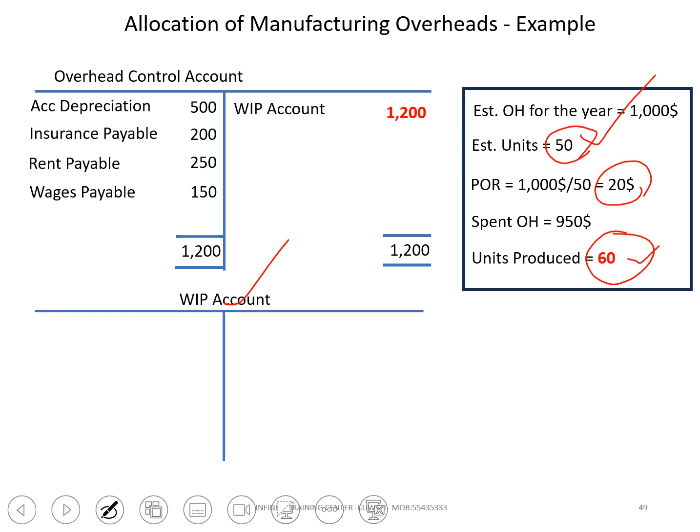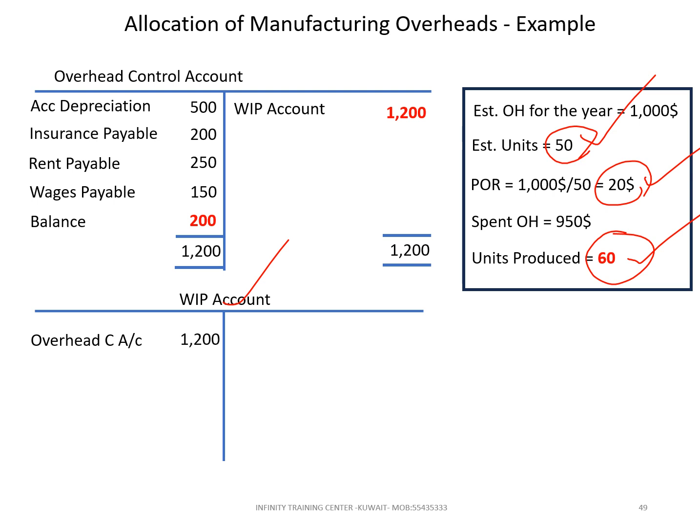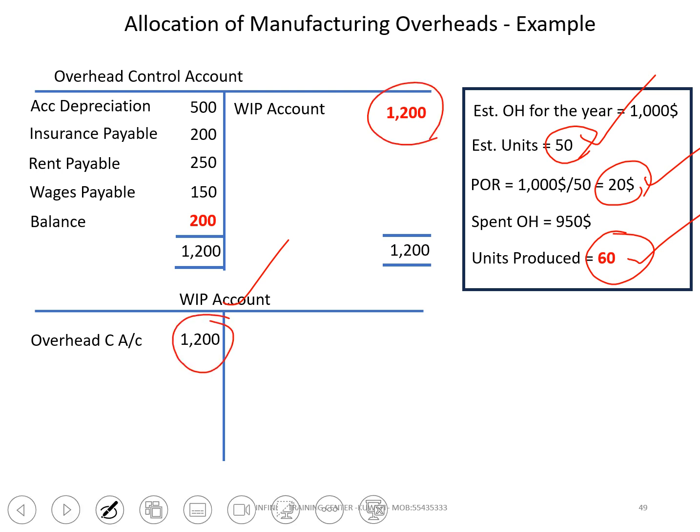You produced 60 units. So every time you make one unit, you will send $20 to work in progress. So whenever you produce 60 units, with $20 each, that means 1200 will go to work in progress.